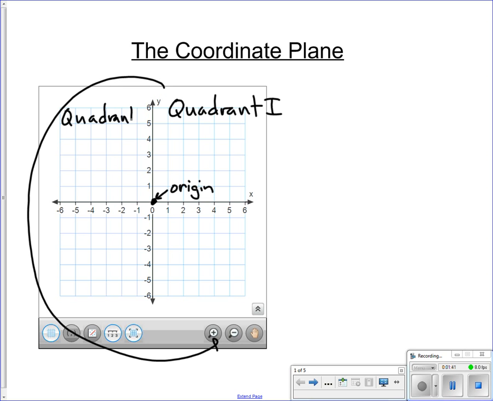And notice when I'm writing, down here is quadrant 3, that we write them in Roman numerals. So you get to practice your Roman numeral writing. This will be about the only time all year we use Roman numerals. And that's quadrant 4 right there. So we have quadrant 1, 2, 3, and 4 starting the upper right and going counterclockwise. So those are the important labels and parts of where the points are.